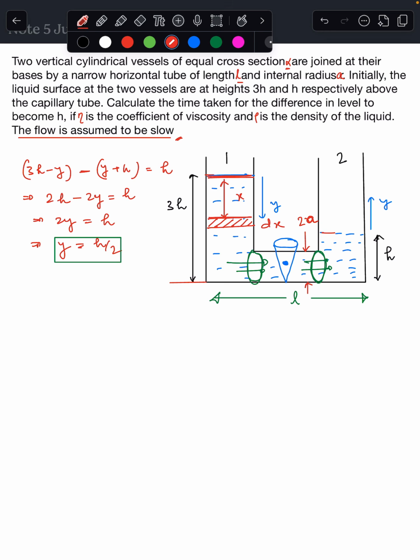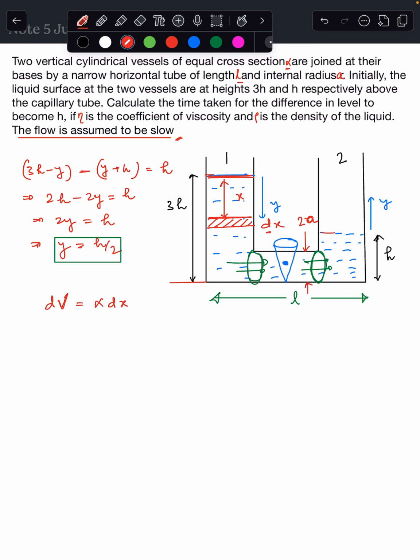So what is the volume of liquid passing through? dV will become alpha into dx, area into length. What is the cross-sectional area they have said? Alpha, decreased by amount dx. So the volume of the liquid that is getting emptied from here is alpha into dx.